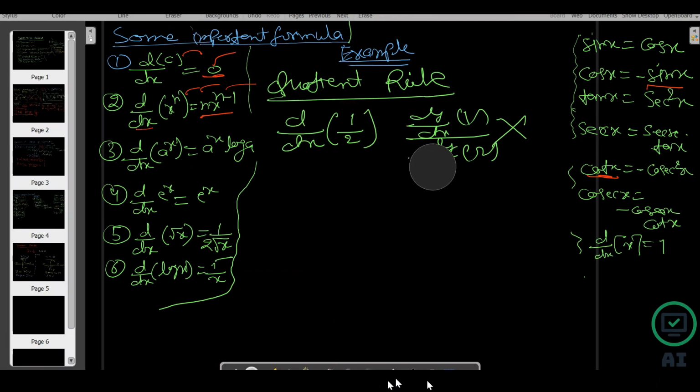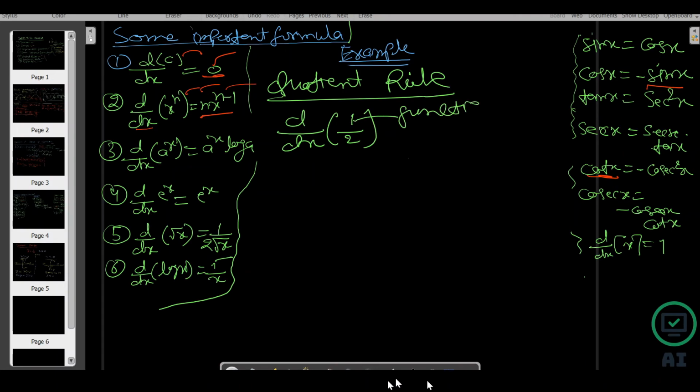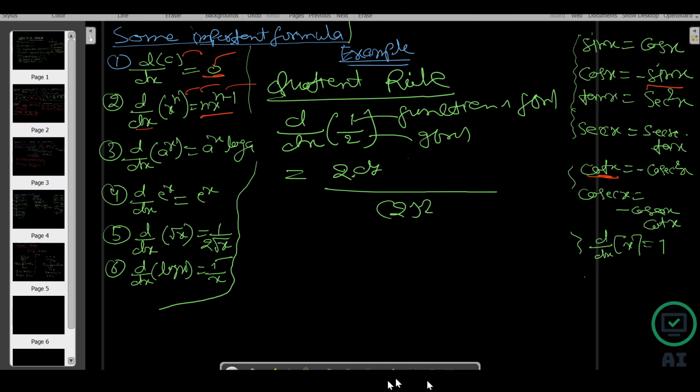We cannot do this. So 1 is function 1, which is f(x), and this is g(x). So how to do this? First of all, we have to square function 2, and then take 2 out, differentiate 1, and then minus 1 out, differentiate 2.